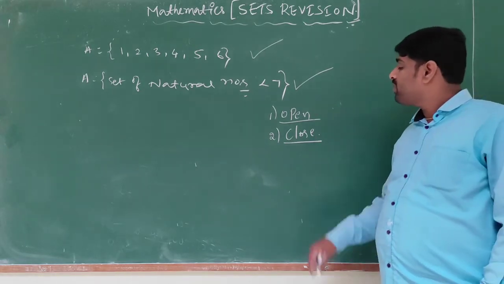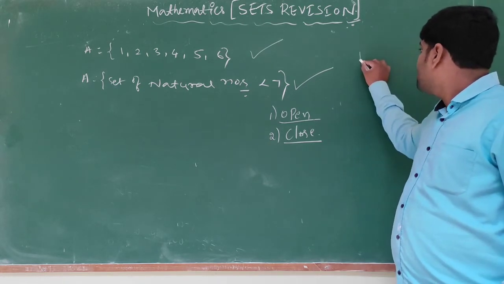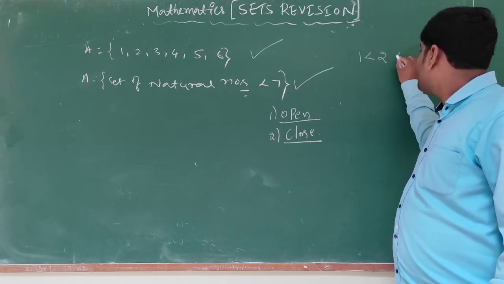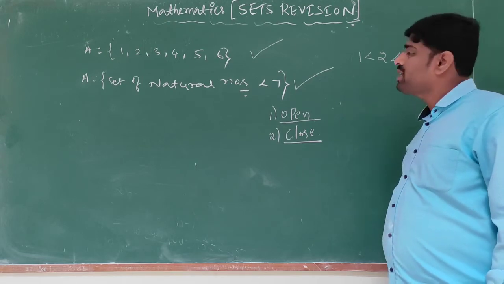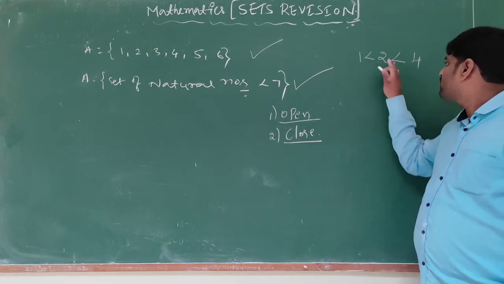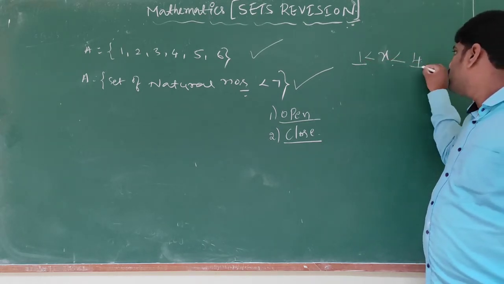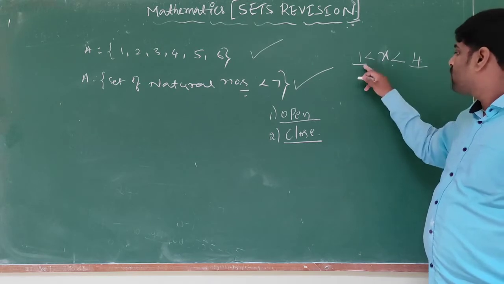Open interval means excluding the end points. See children, 1 less than x less than 4. Here 1 is open, 4 is open. So now this is an open interval.